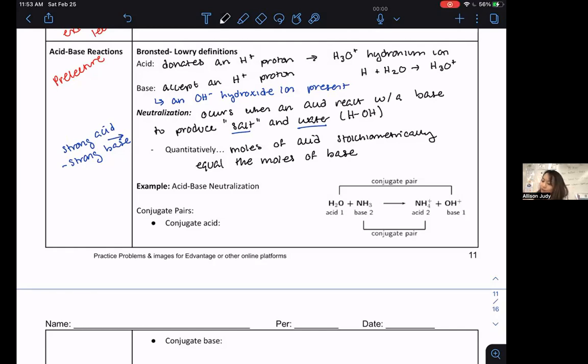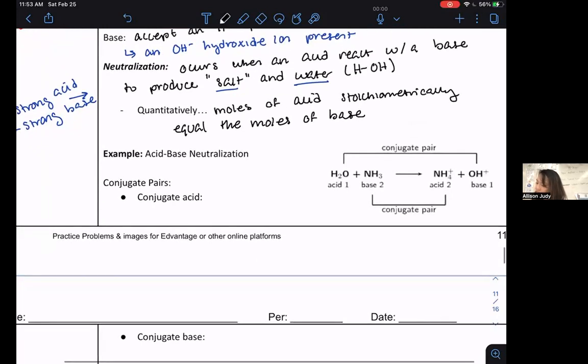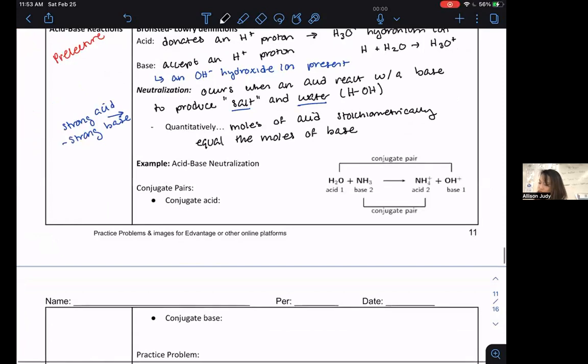All right, so if you look over here, we have an example of acid-base neutralization. We actually have an example of a weak acid-base neutralization, but the idea is that we have water acting as the acid and ammonia, NH3, acting as the base. Water is going to be a proton donor here, and the NH3 is going to be the proton acceptor.